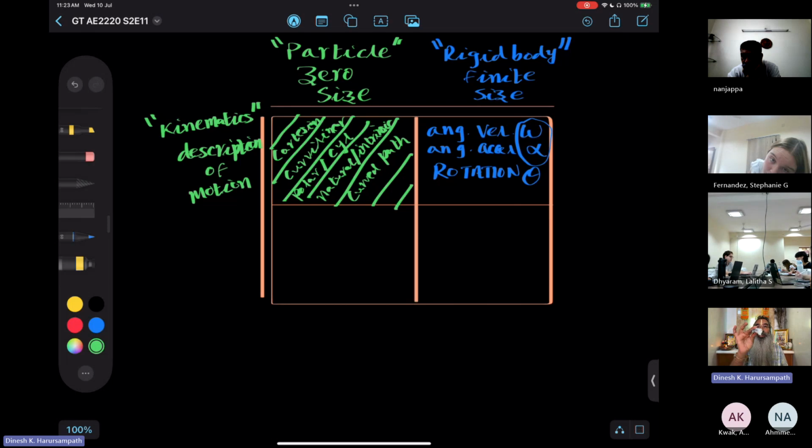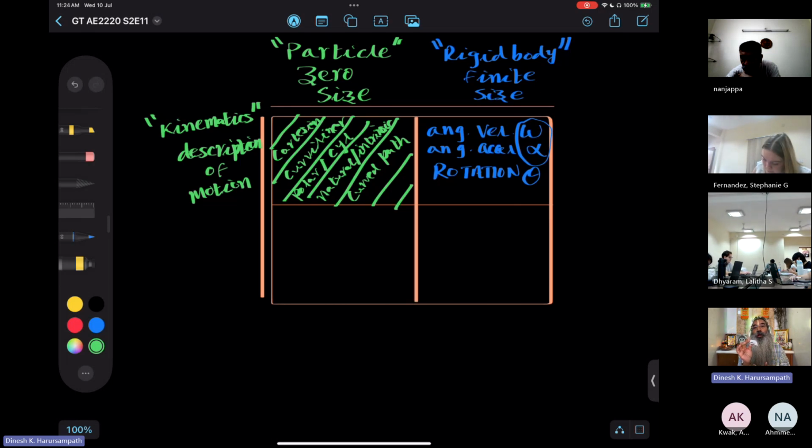So rotation is something that is happening to the body, whereas the curved path traversal is essentially happening for a point in the body. In general it does happen for all points of the body, but it could happen in different ways for each point.